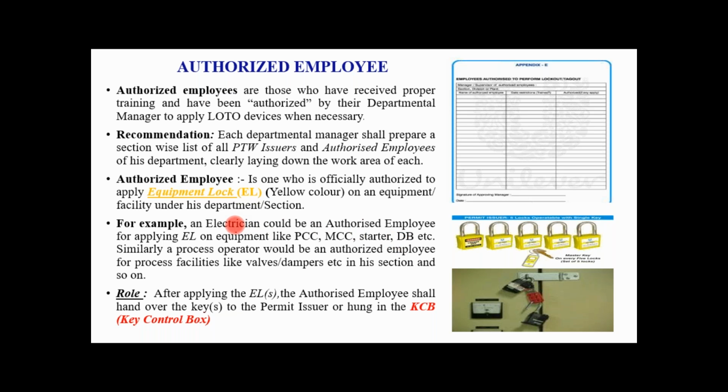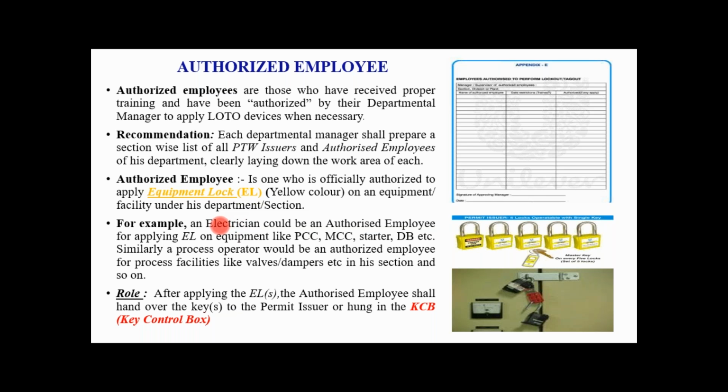So this electrician can be a person in the department who is authorized by the department manager and who is clearly mentioned in the list of authorized employees, which is given by the permit to work issuers.